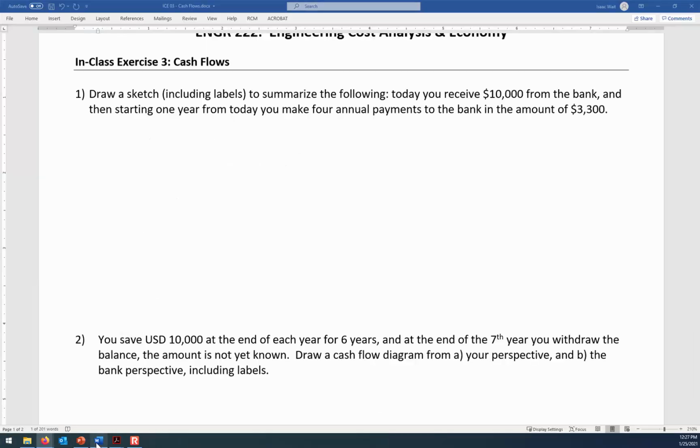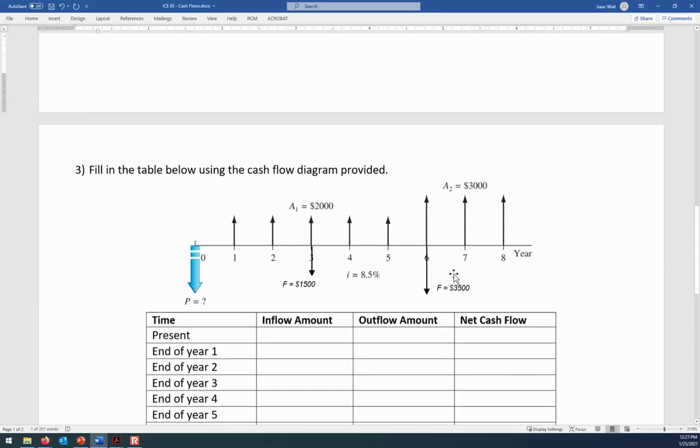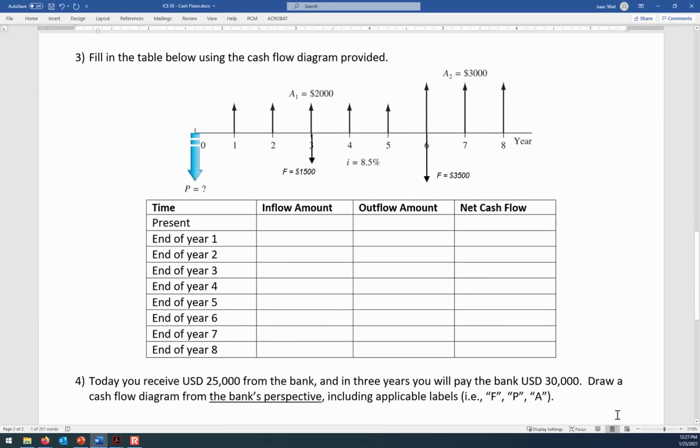Okay. So that was questions 1 and 2. Let's take a look at what we've got for the rest of this. Now, translating back and forth between diagrams, tables, and English statements is what we're practicing in this in-class exercise. Question 3 is I'm asking you to fill in this cash flow table using the diagram.